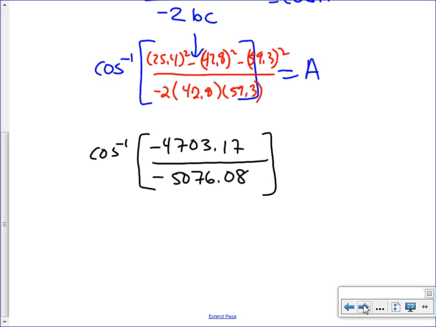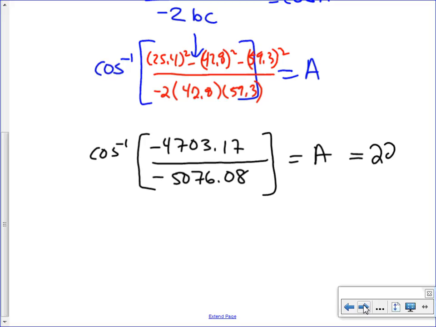I would just divide this. Try again. It's 22.1. Yeah, try again.